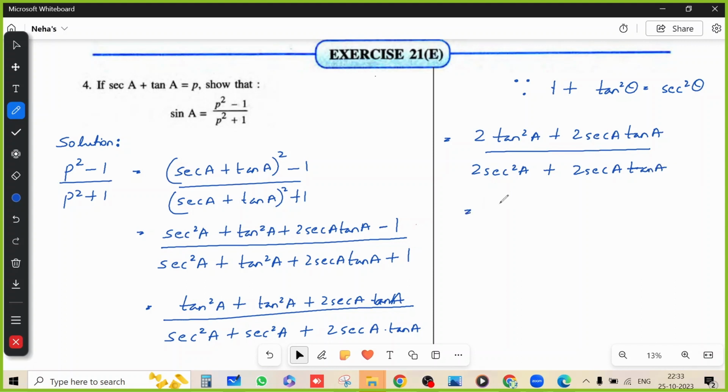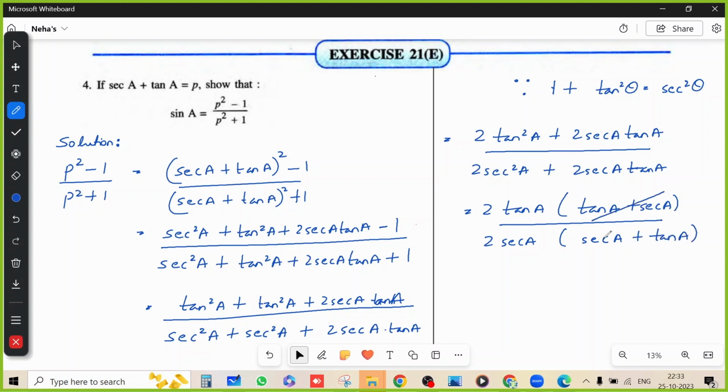Now in the numerator we can take out common 2 tan A. So we are left with tan A plus sec A in the bracket, and in the denominator we will take out common 2 sec A. So we are left with sec A plus tan A in the bracket. Now this will get cancelled out. Also the 2's will get cancelled out.